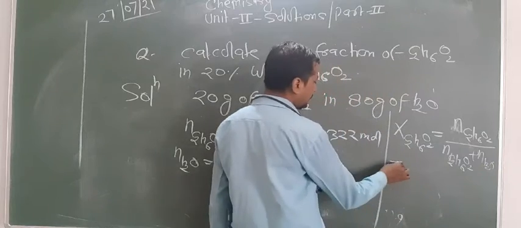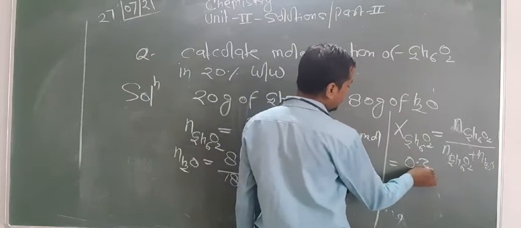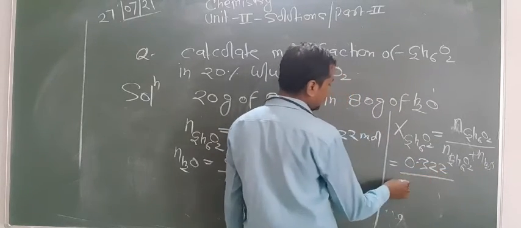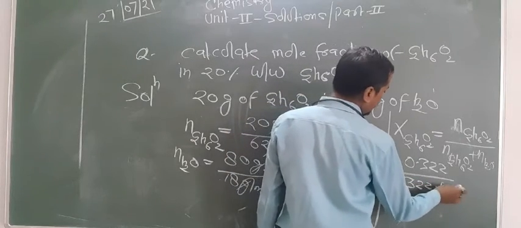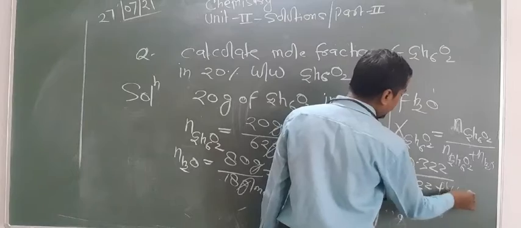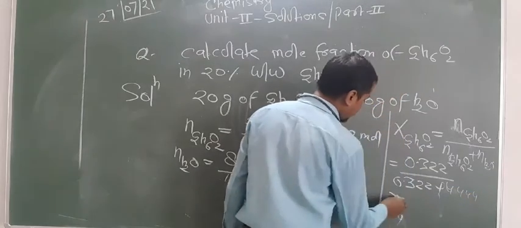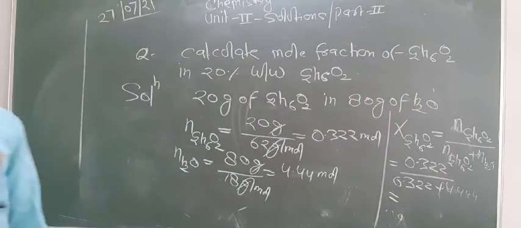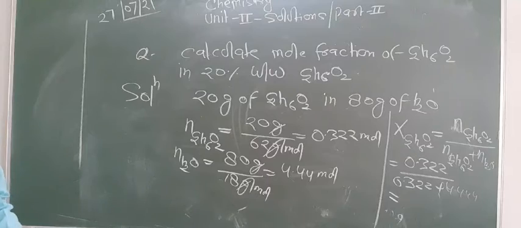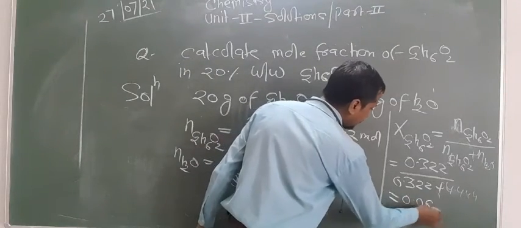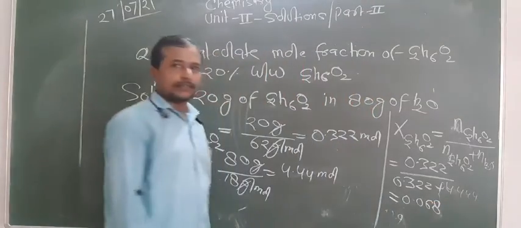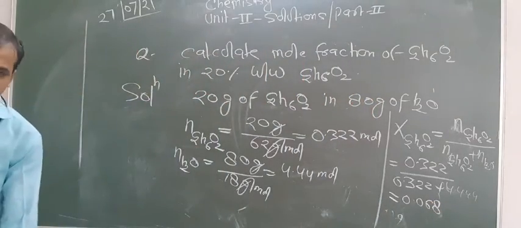Putting each value, 0.322 divided by 0.322 plus 4.444. After solving this, the answer is 0.068. This is the fraction, that is, a ratio.